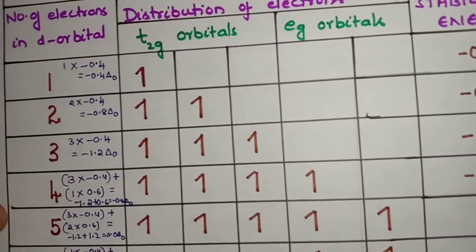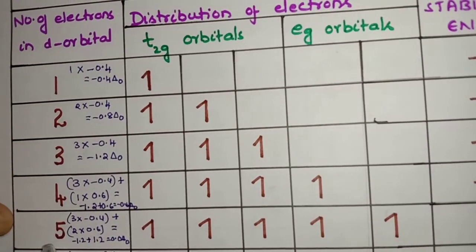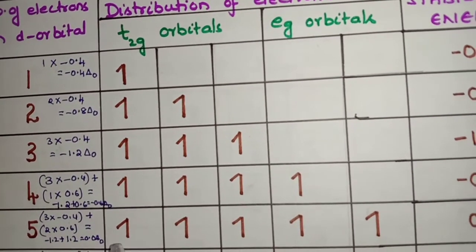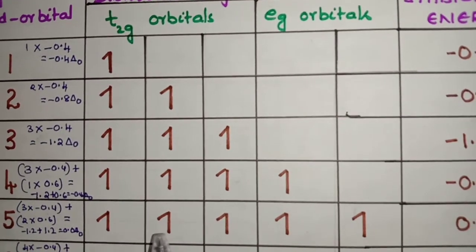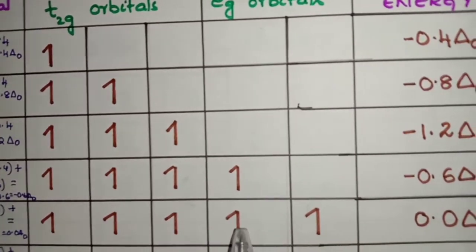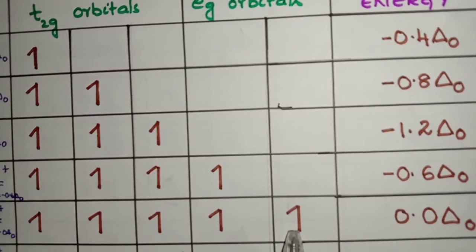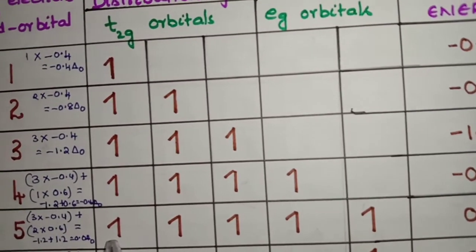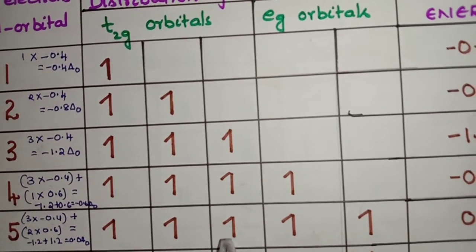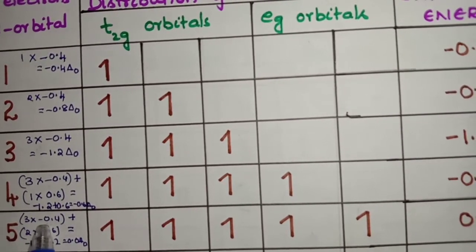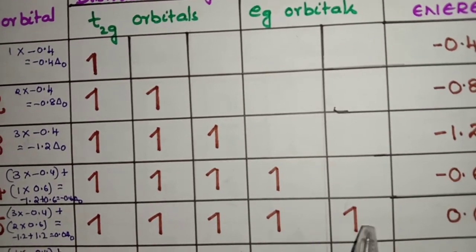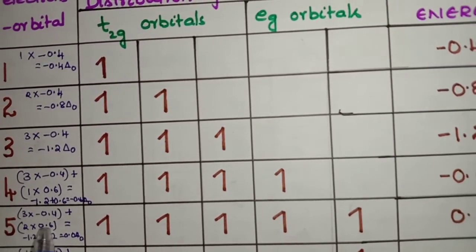Next, clear students? If the number of electrons in d orbital is 5, so entry of electrons into t2g and eg orbitals: first electron, second electron, third, fourth and fifth electron. Calculation of CFSE: number of electrons in t2g, 1, 2 and 3, so 3 into minus 0.4, plus total number of electrons in eg orbitals, 1 and 2, so 2 into 0.6.